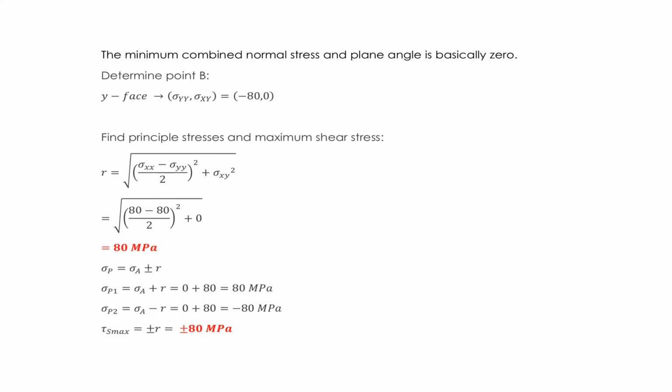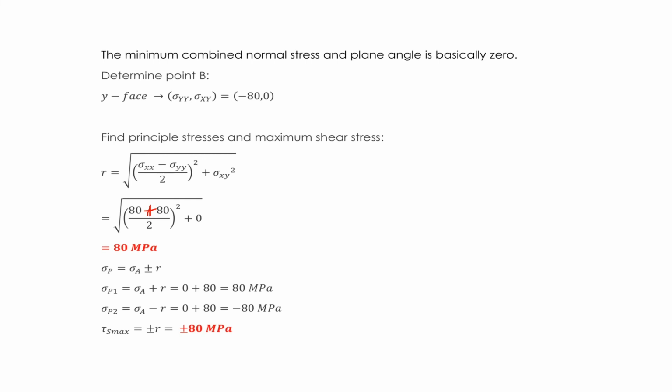So we substitute σxx 80, negative 80, the whole square. It comes up with 0. So R is supposed to be 0 megapascal. Yeah, this is mistaken again.